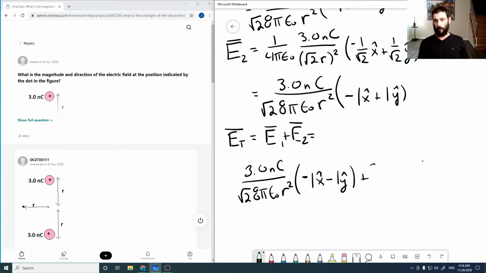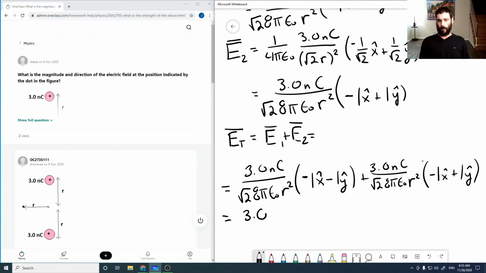And then we're going to sum with 3.0 nanocoulombs over root 2, 8 pi epsilon naught r squared minus 1 x hat plus 1 y hat. Okay, so that's 2. We can pull out this prefactor because it's all the same.